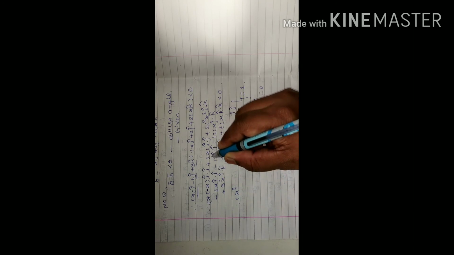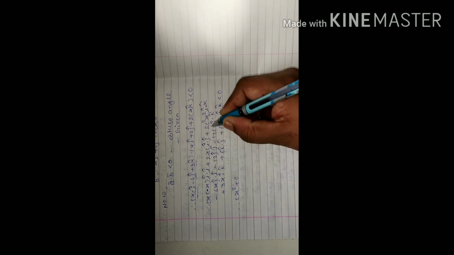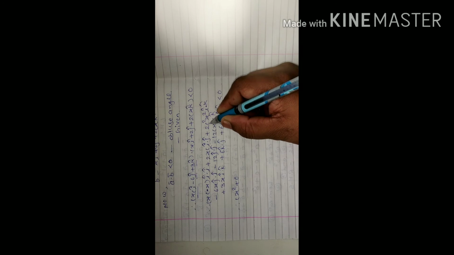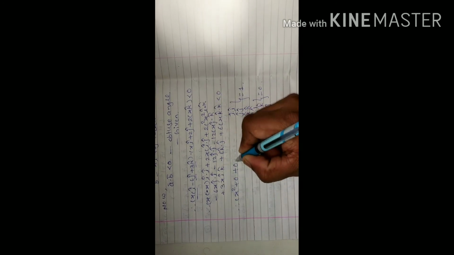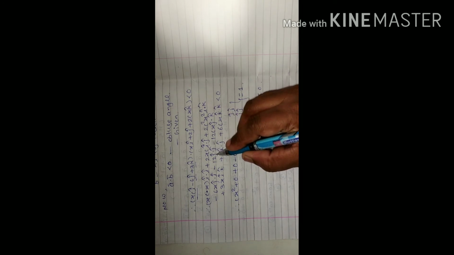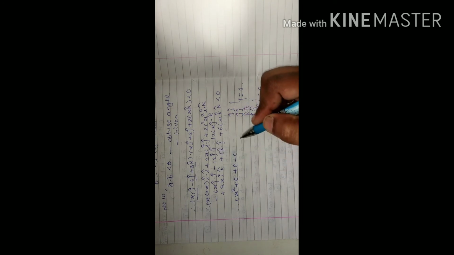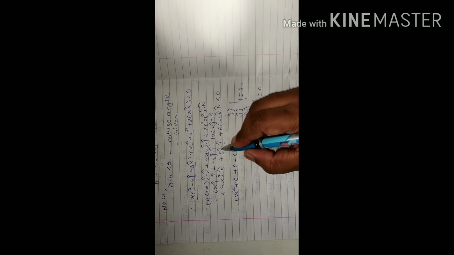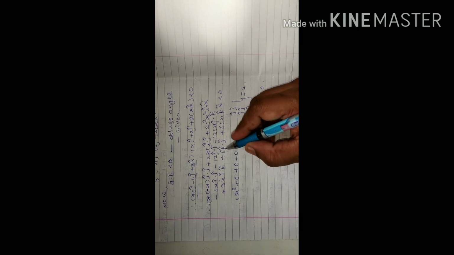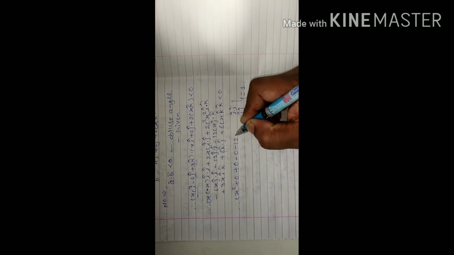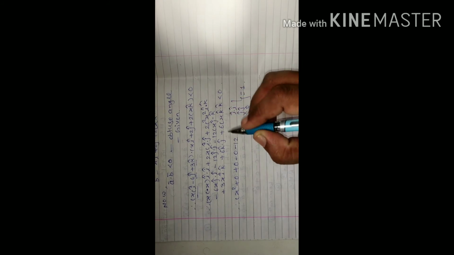Then here plus 0 because i cap dot j cap is 0, then i cap dot k cap is also 0, then j cap dot i cap is 0, then j cap dot j cap is 1 and minus 12 into 1 we get minus 12.